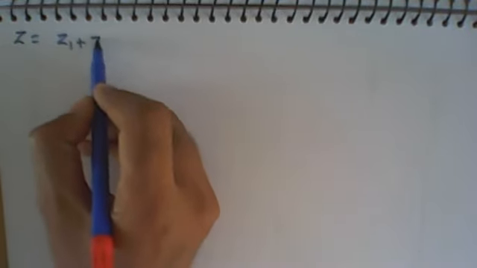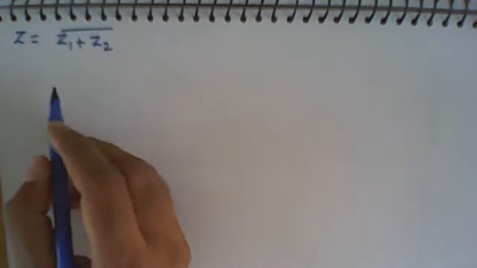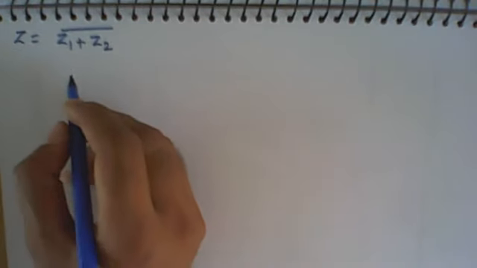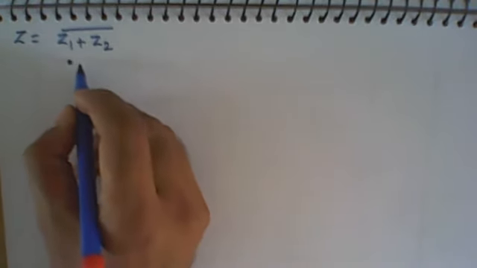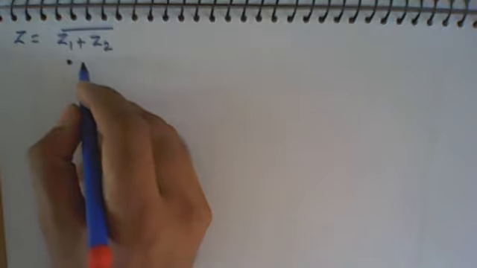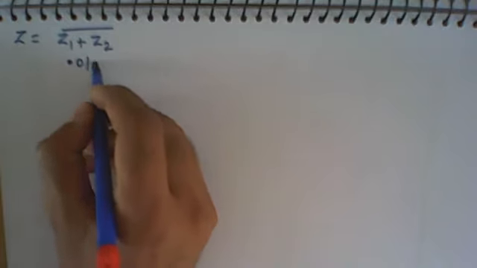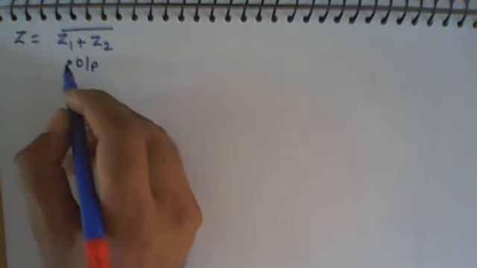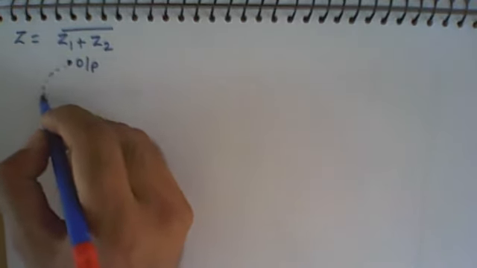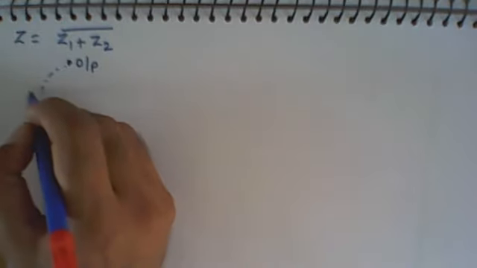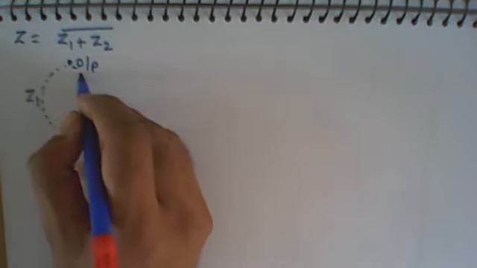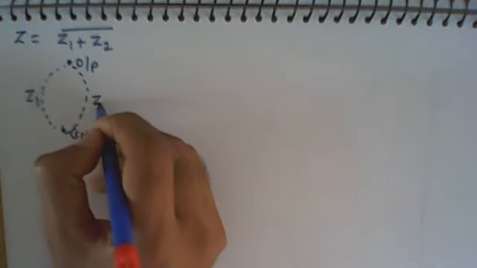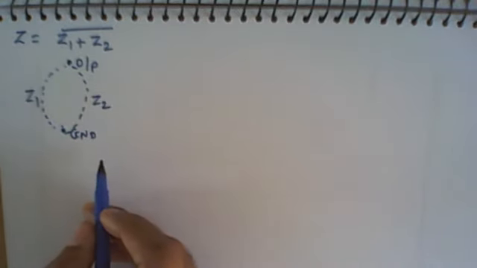To implement Z which is equal to Z1 plus Z2, in the NMOS graph, which is between output and the ground, both Z1 and Z2 are connected in parallel. So this is our Z1 and this is the Z2 function.